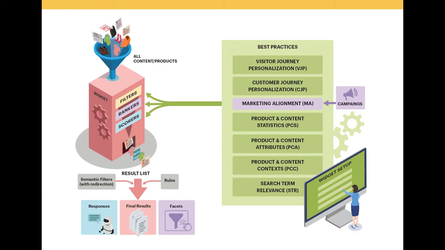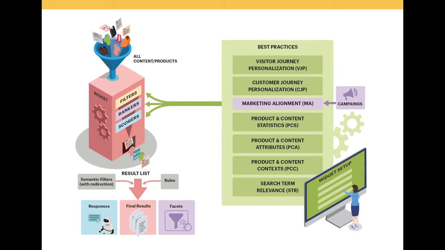affected by semantic filters and by rules, if any are defined. Semantic filters are specific to what people are searching, so we can define in a manual but also automated way a behavior change in the results according to what the user is searching for.